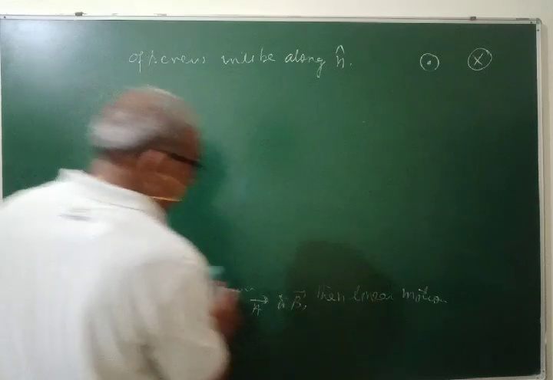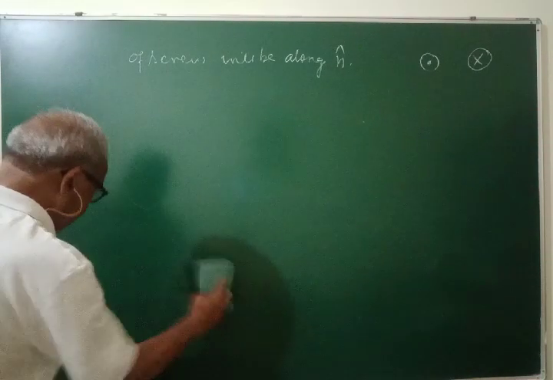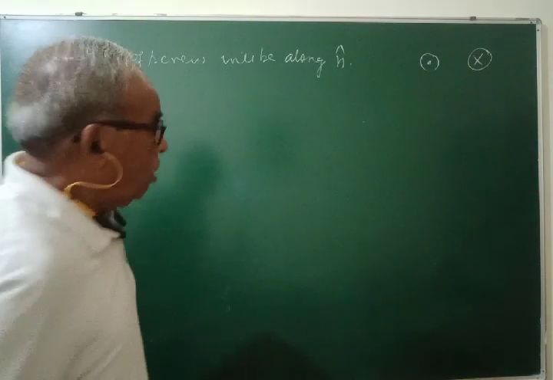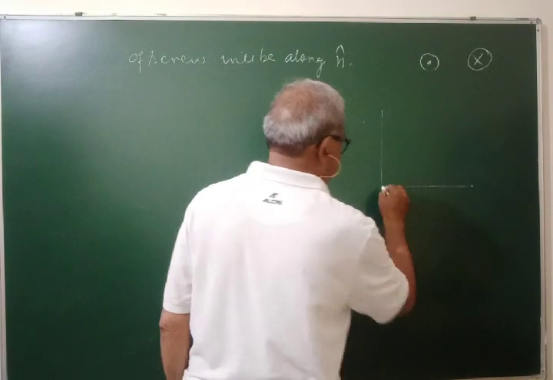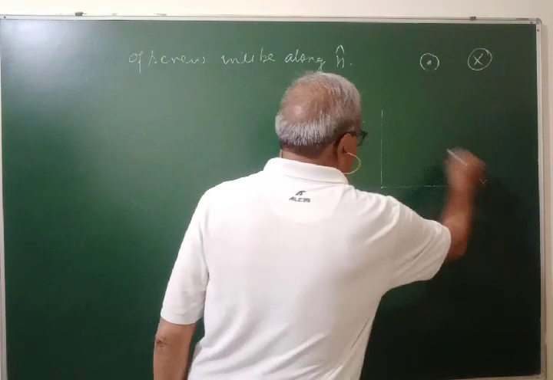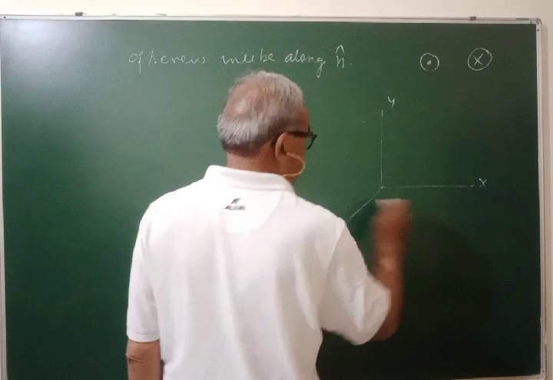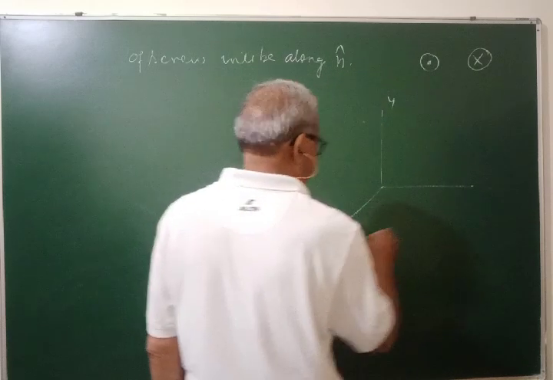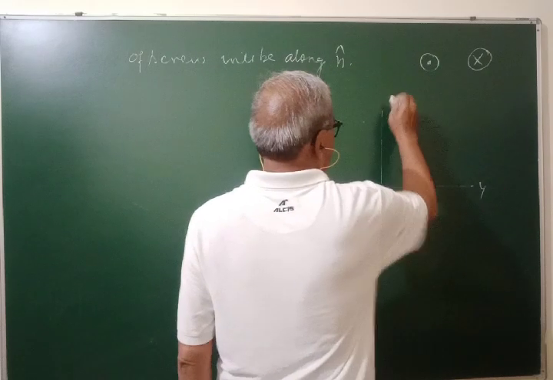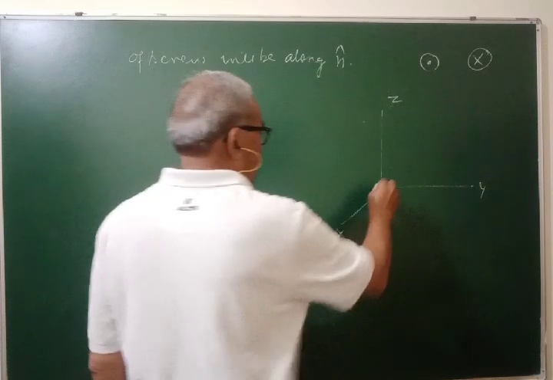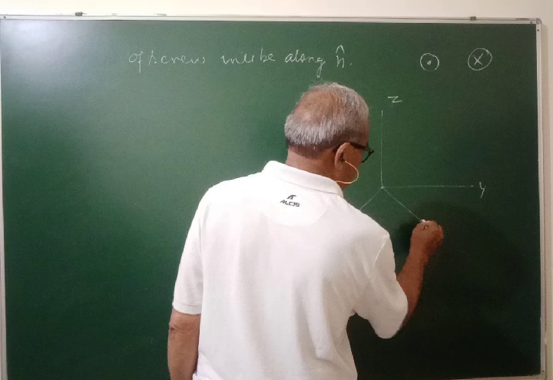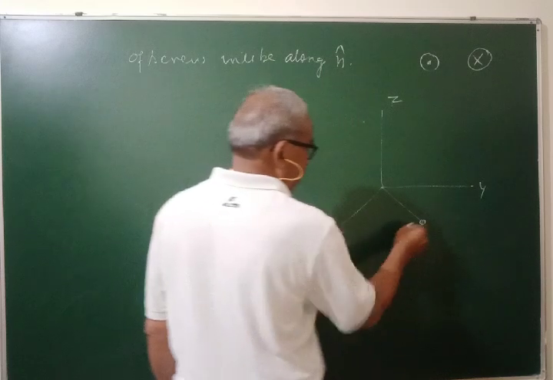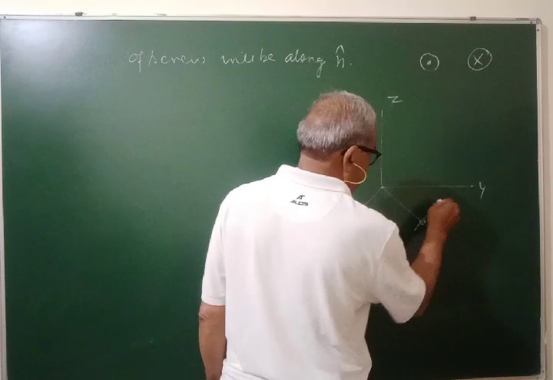What is an example of the vector product? There are many examples. Suppose we take x, y, and z axes. Here is the position vector r of a point of a body which is moving with a linear velocity v.